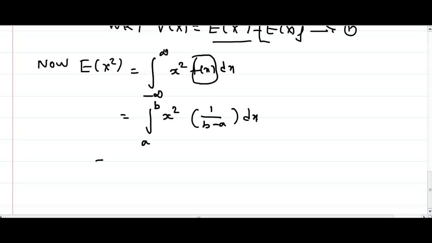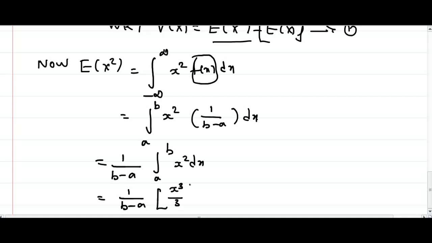Here 1 by b minus a is constant, so take it outside: 1 by b minus a, integration from a to b of x square into dx. Again we are using the x power n formula. What is the integration of x power n? It is x power n plus 1 by n plus 1. So we get 1 by b minus a, integration of x power 3 by 3, limit varies from a to b.